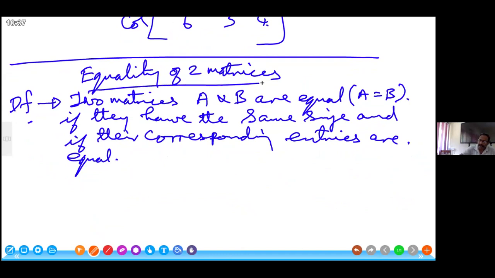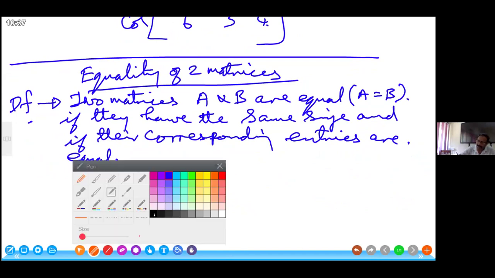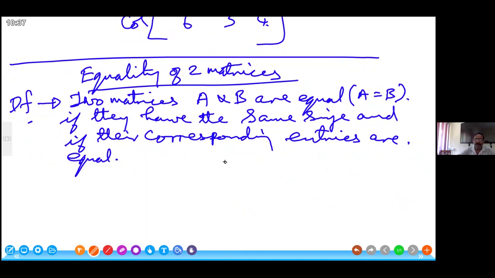So what do we mean by equal matrix? Right? It should fulfill two things. It should have the same size, number of rows and number of columns, and the corresponding entries should also be equal.